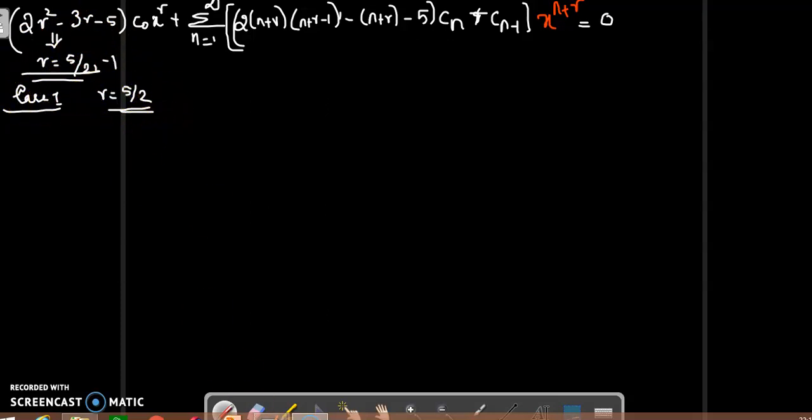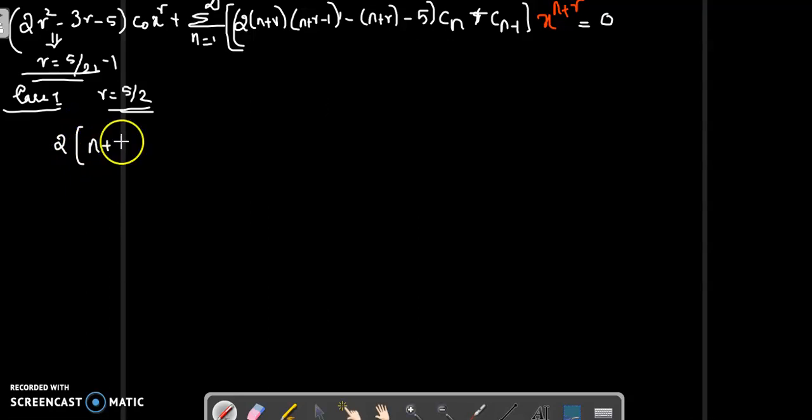Now the next step would be to equate the coefficients of x^(n+r) to 0. When we do that, we get 2 into (n + r), where r is 5/2, so 2(n + 5/2)(n + 5/2 − 1).